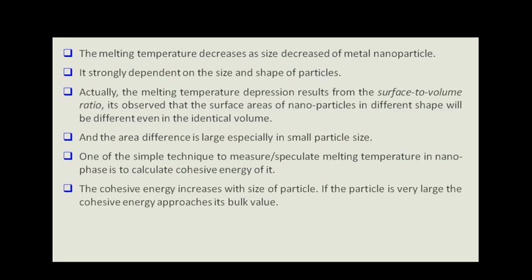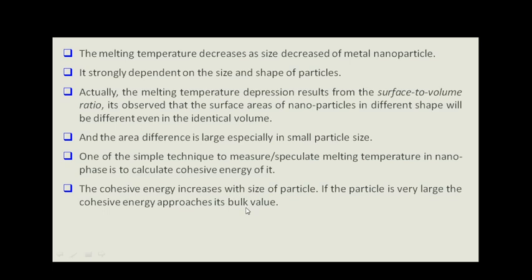It is obvious that as the particle size increases, the number of atoms within it is more, and therefore the cohesive energy, that means the bonding forces, increases. So it is directly proportional to the number of atoms available.